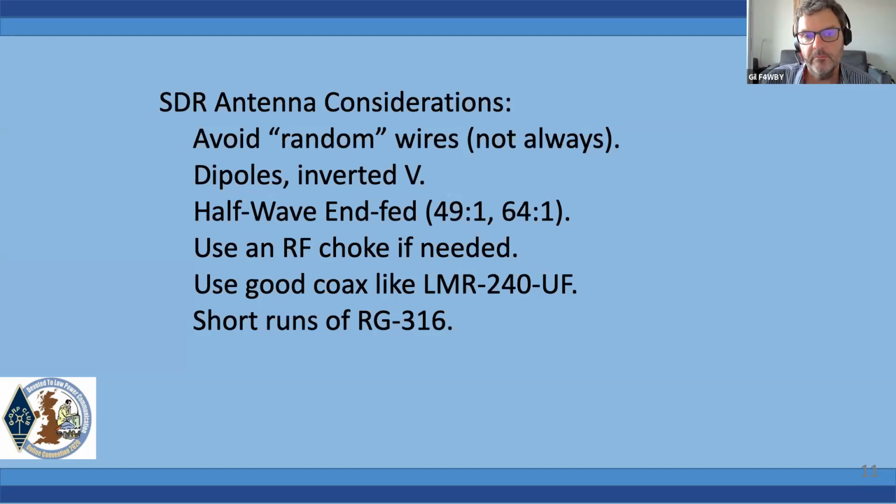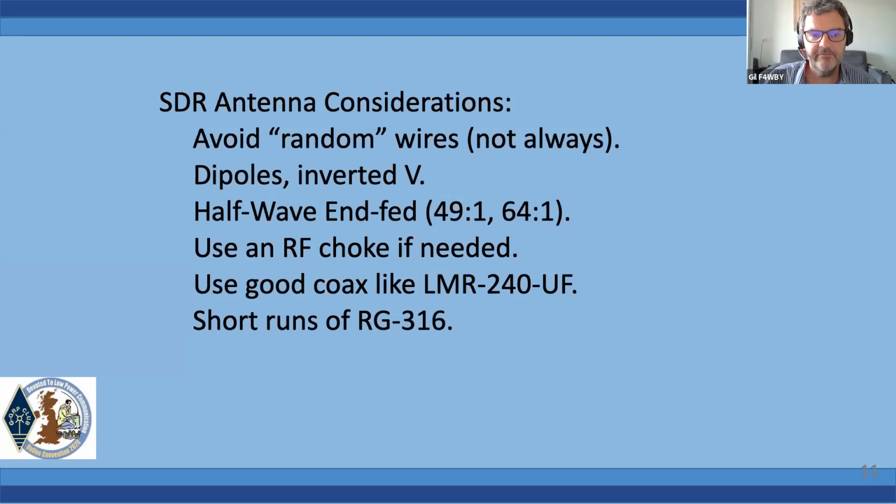But most of the time you are going to get some stray RF current on the coax shield, and that again can cause a lot of troubles. On the other hand, dipoles, inverted V's, and any antenna that's well balanced is not going to create those problems. So that's what I would suggest to use.